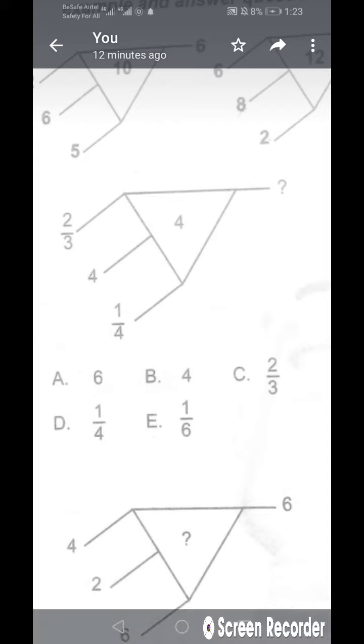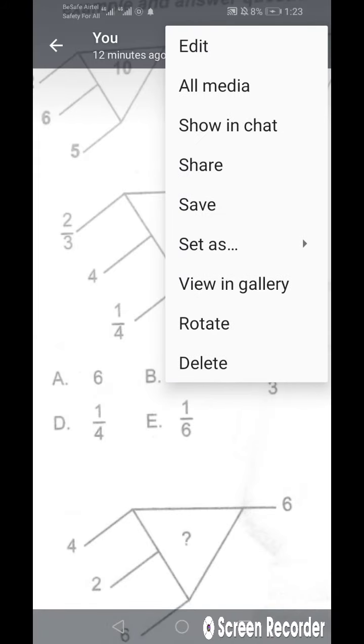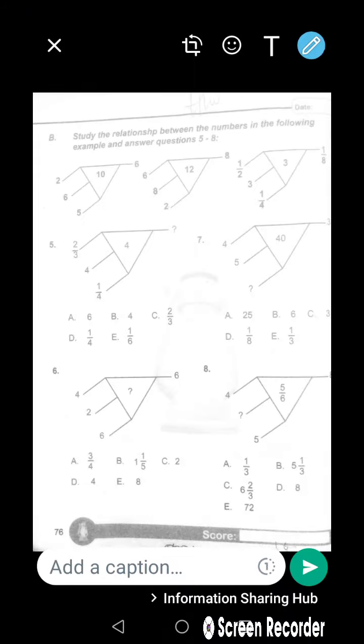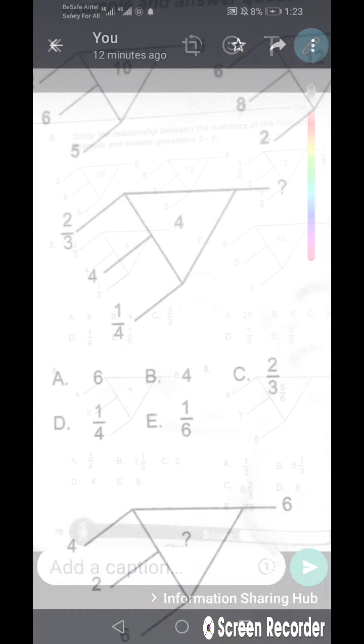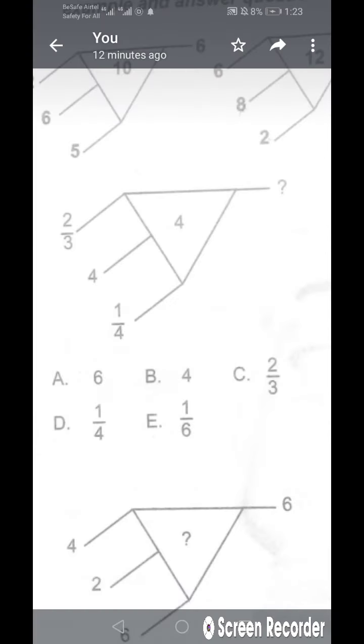Now you see this 2 over 3. Let's quickly look at that. Let's work on this: 2 over 3 times 4 times 1 over 4 divided by 4. Automatically 4 divided by 4 will cancel out, so you now have 2 over 3 times 1 over 4.